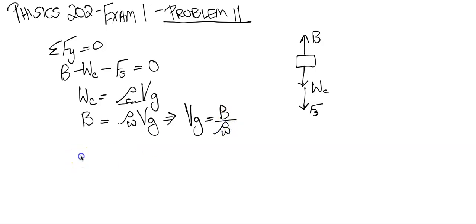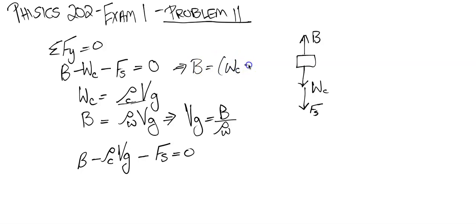So now we have B minus the density of the cork times volume times g, minus Fs, equal to 0. And notice that from this equation, B equals Wc plus Fs.